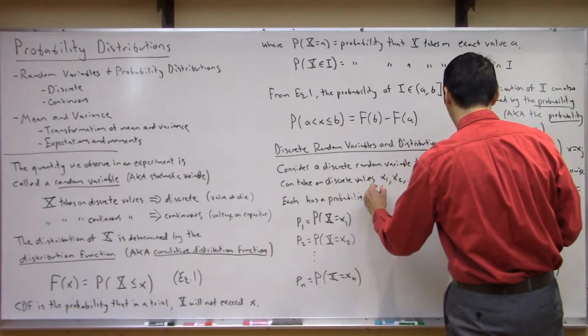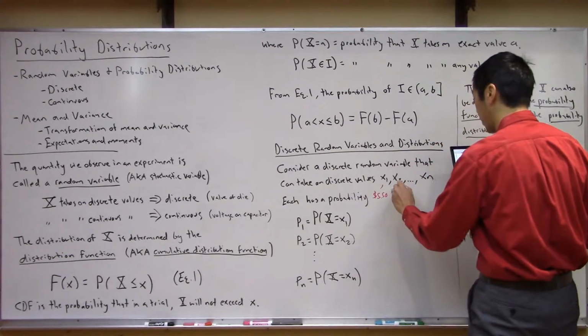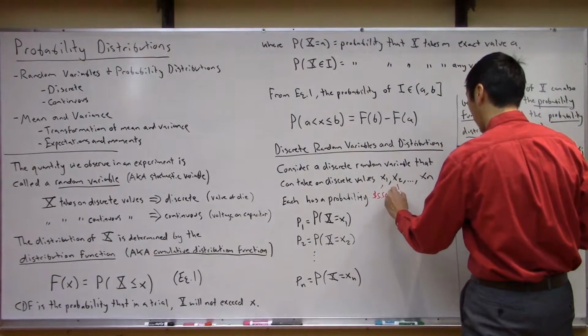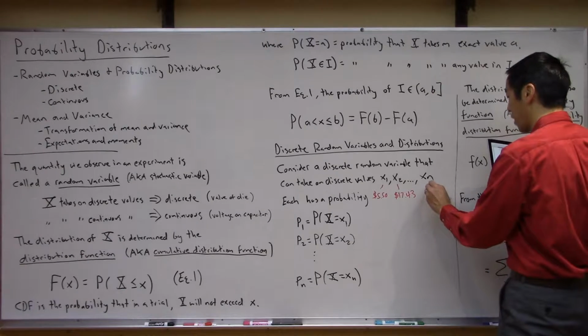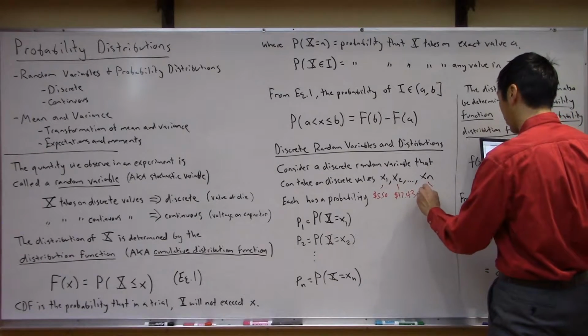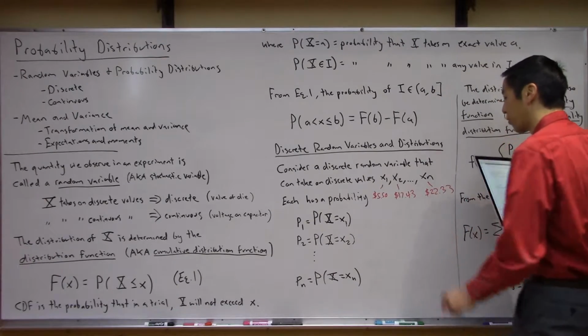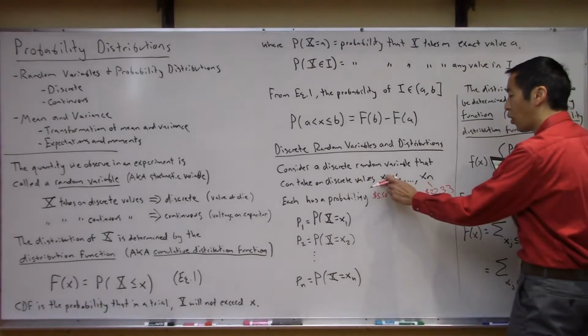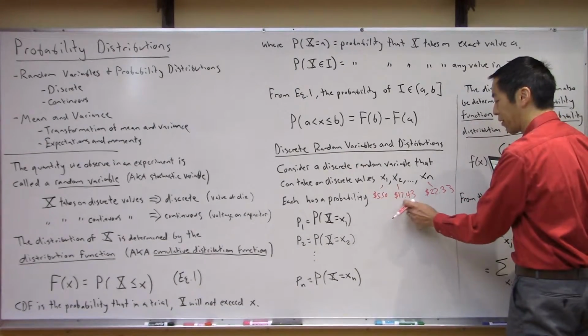So for example, what if x1 was a gallon of milk, $5.50. I grabbed something else like half of a ham, $17.43. And then I grab something expensive, like a bottle of wine, $22.33. So you can see that x1 is not an integer value. It's something else. Same thing with these.